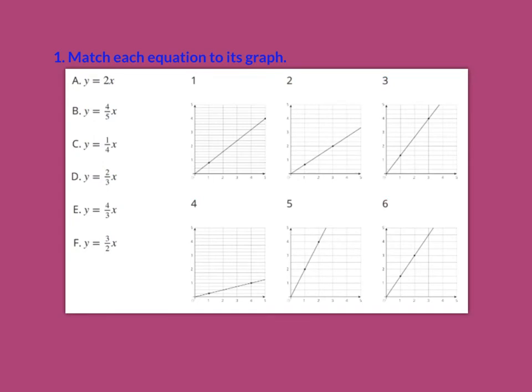Okay, so just to recap, for this first practice problem, we know that A was equal to graph 5. B is equal to graph 1.